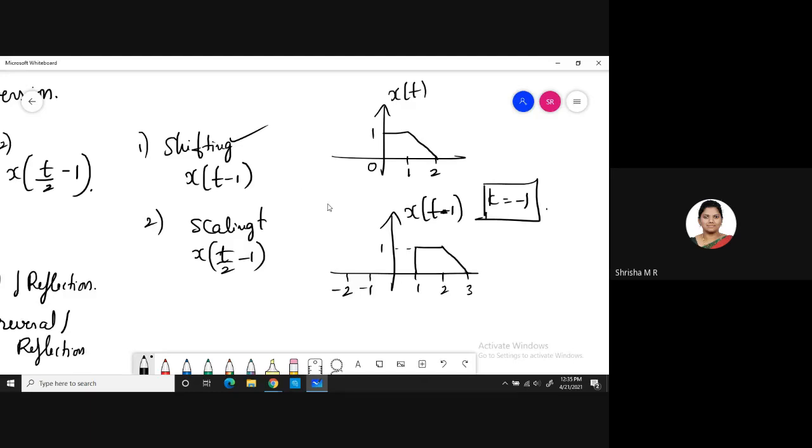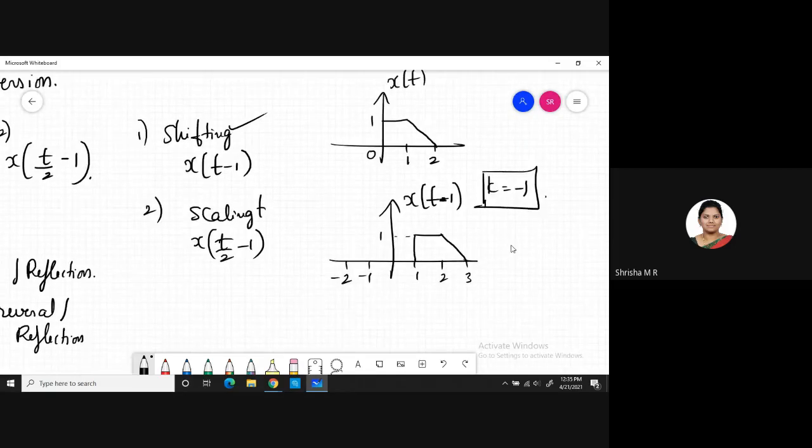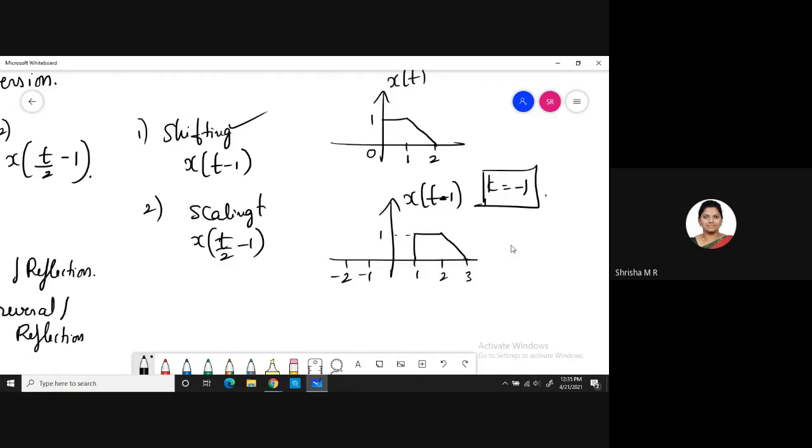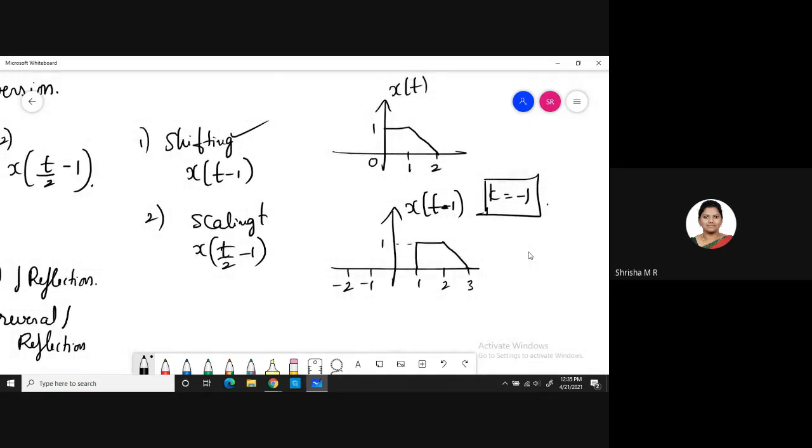The signal is getting delayed by 1 second, or right shifted by 1 instant. Is it clear? Got it, everyone? Understood or not?